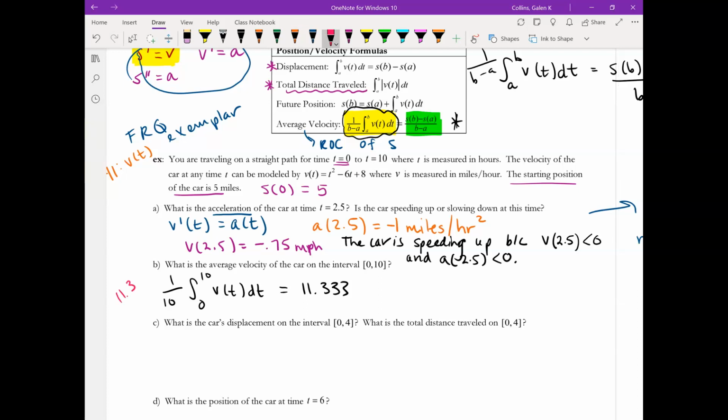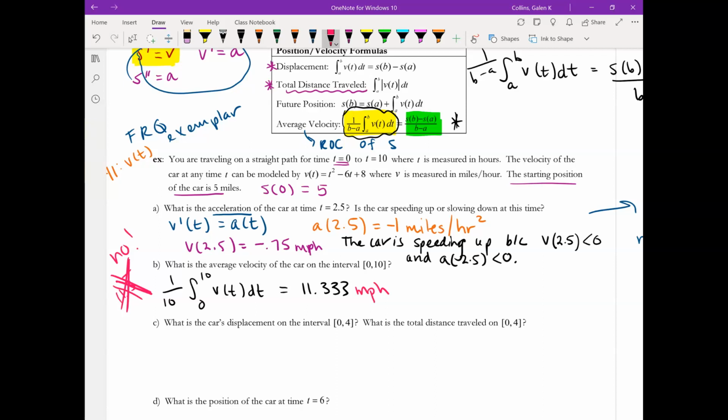Even though 11.3 repeating is more precise, do not do it. I don't know why, but the College Board won't accept that as your answer. It's ridiculous, I know. All right, that is the average velocity. And since velocity is measured in miles per hour, we should express that as well.